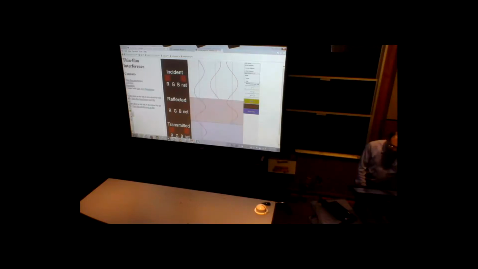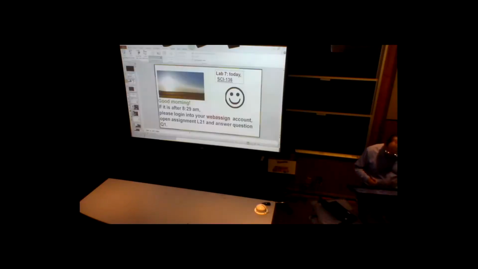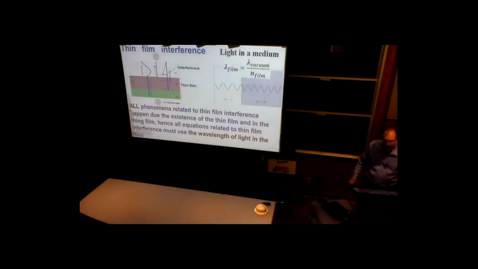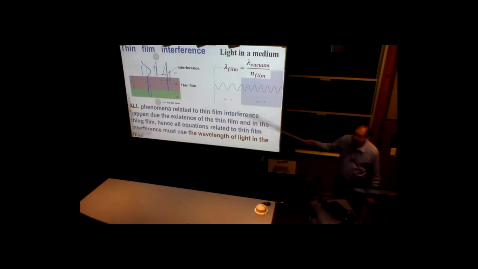Now, the most important thing to remember for thin film interference is that everything is happening inside the film. Which means for all our calculations, no matter what we want to calculate, the wavelength in all equations should be in the film.